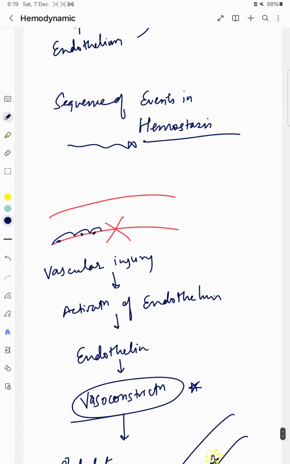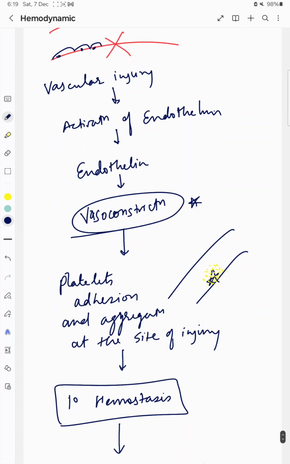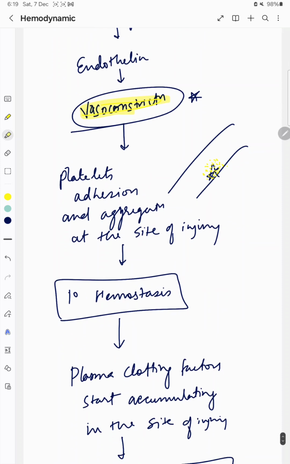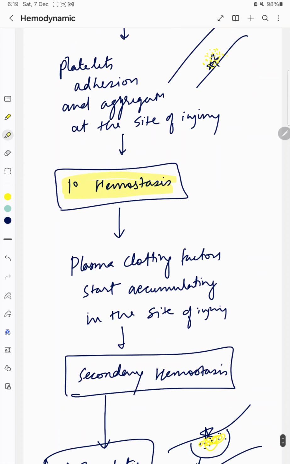So in hemostasis there is a vascular injury. Vascular injury results in vasoconstriction by releasing endothelin. After vasoconstriction, platelets accumulate at the site of injury, which results in primary hemostasis.